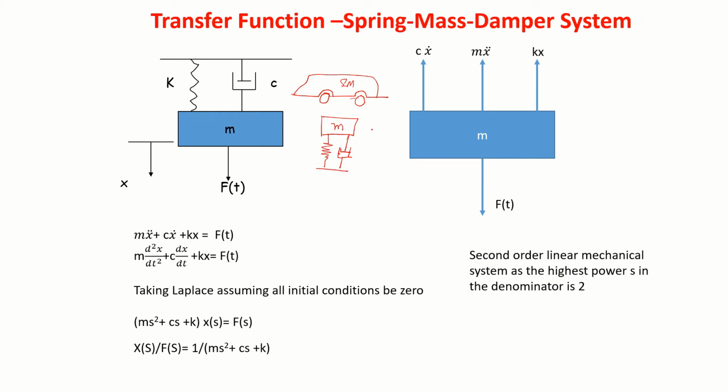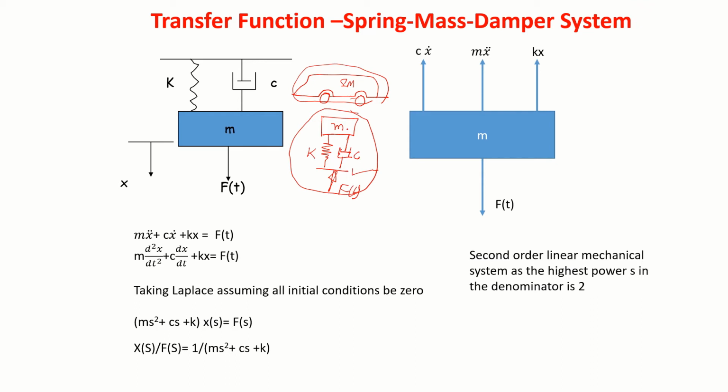Now I want to study, let me represent this by K, this by C. Let me apply a force F of t here. This force, let us say, comes from the road. Okay, I can represent this car by a spring mass damper system like this. It's not only a car, any mechanical dynamic system can be represented like this.